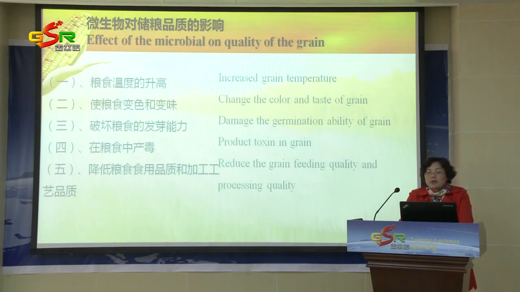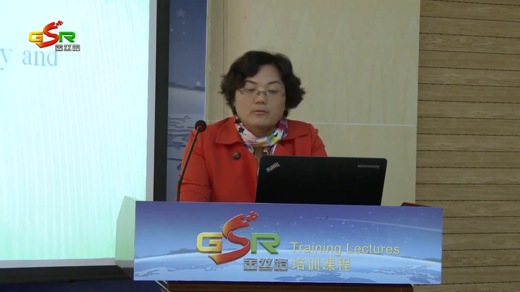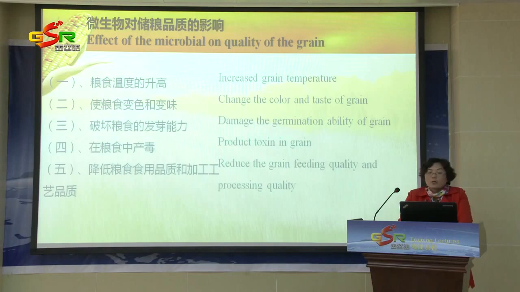Second, they can change the color and taste of grain. Third, they damage the germination ability of grain. Fourth, they produce toxins in grain. The last is that they reduce the feeding quality and processing quality of grain. So we must know how to remove the microbial infection.